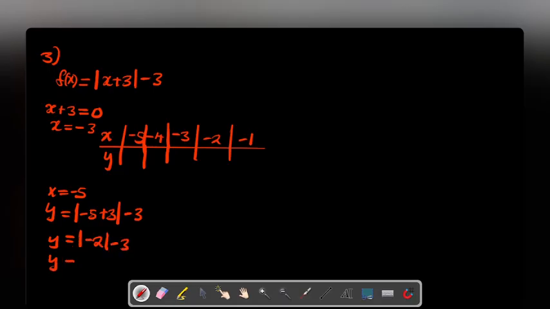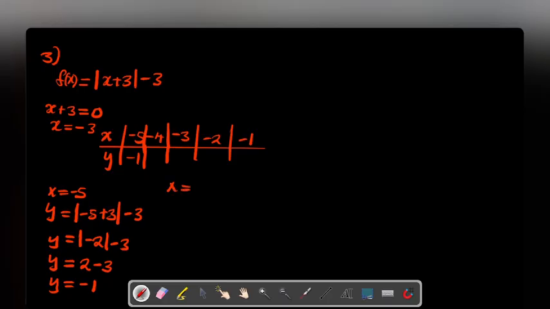So we have y equals the modulus of -5 plus 3, which gives us -2, then -3. The modulus of -2, the absolute value, becomes +2, then -3. So we have the value of y, which is -1.